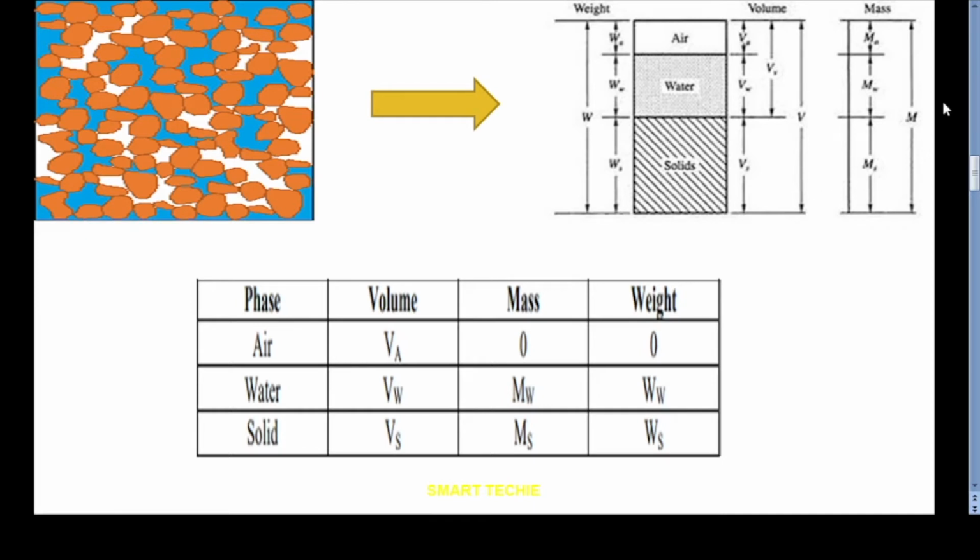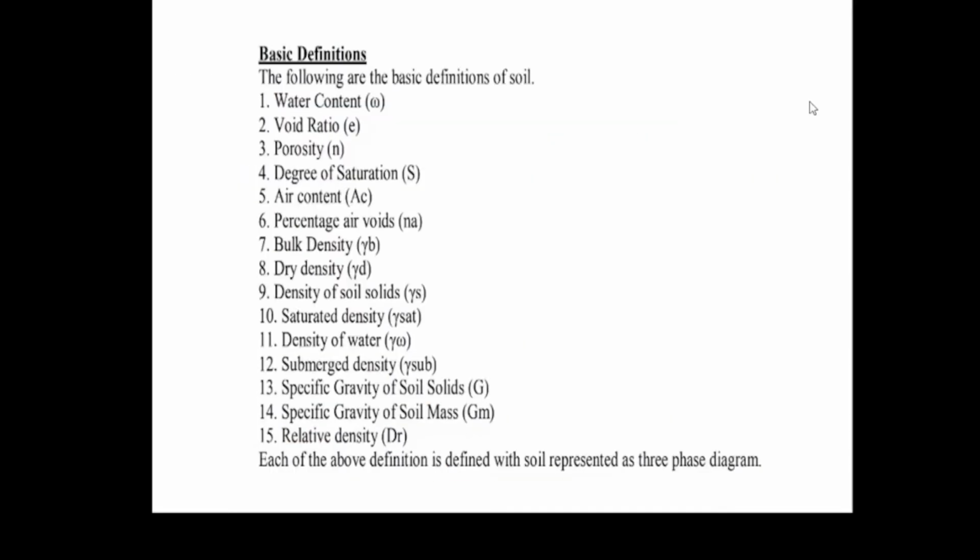Similarly, in terms of mass, we have capital M, that is mass of air, mass of water and mass of solids. We also have weight, that is capital W, weight of air, weight of water and weight of solids.